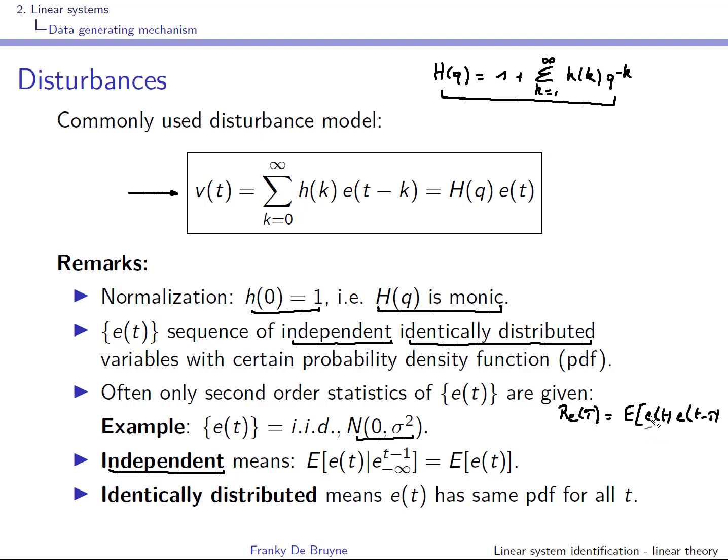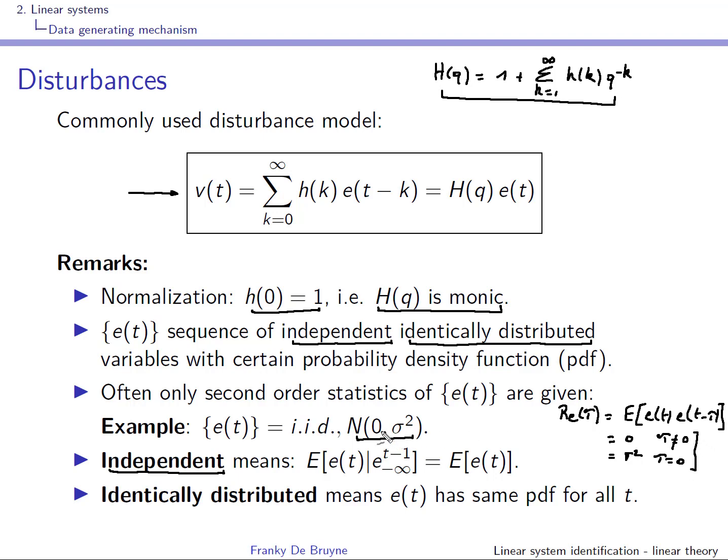So if e of t is independent of the previous values, if you're going to take the product over here and average things out, you'll have a value of 0, at least if tau is different from 0, and it will be equal to sigma square if tau is equal to 0, right?